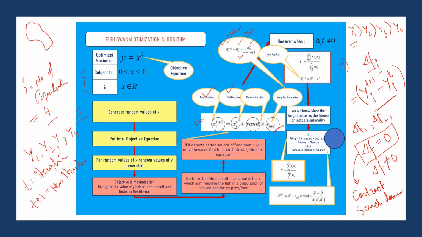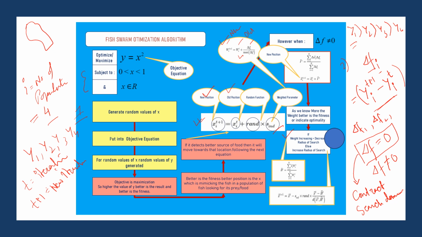You see, this is the pseudocode. If weight is increasing, weight means optimal values of y. Actually, what happens when the school of fish is searching for its prey and it ultimately gets it, it will consume the prey and automatically its weight will increase. So an increase in weight signals that the prey is in that location.